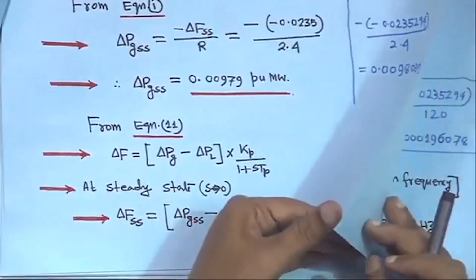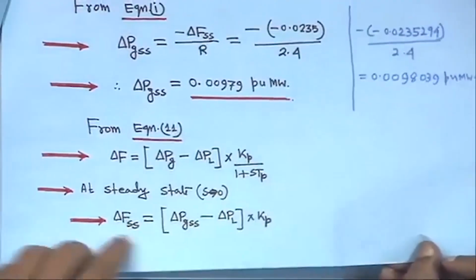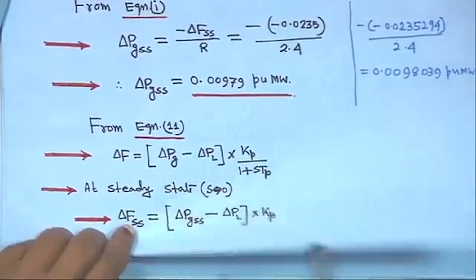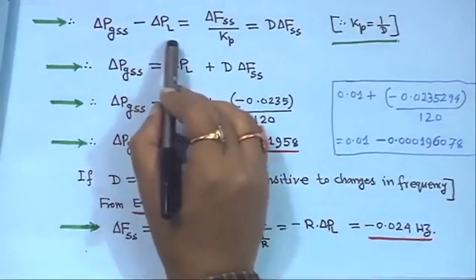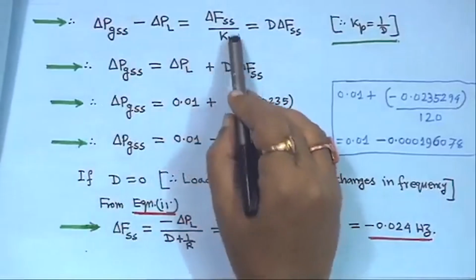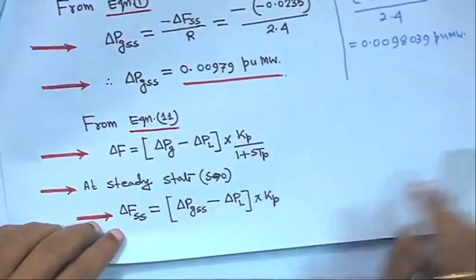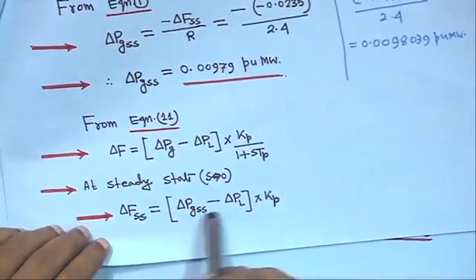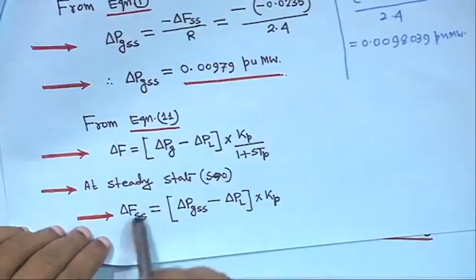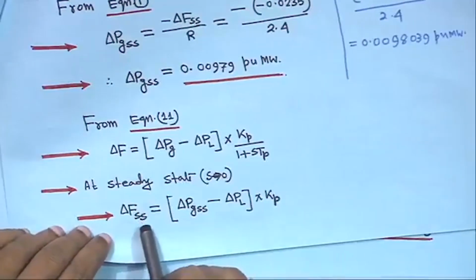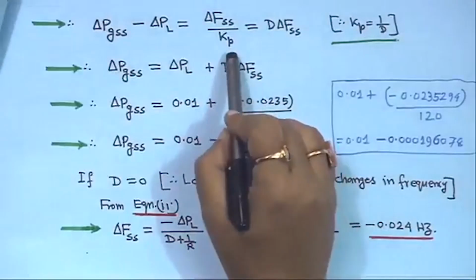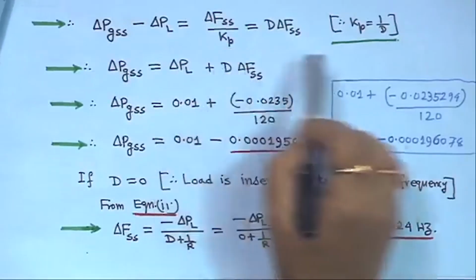So, in this case, now if you look at this one, delta FSS. So, delta PGSS minus delta PL is equal to delta FSS divided by Kp, and Kp is equal to 1 upon d. So, Kp is equal to 1 upon d, as I have written here.